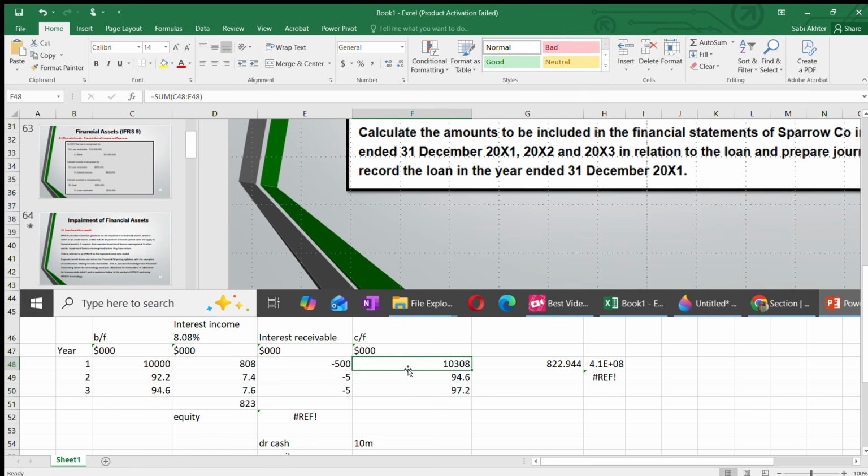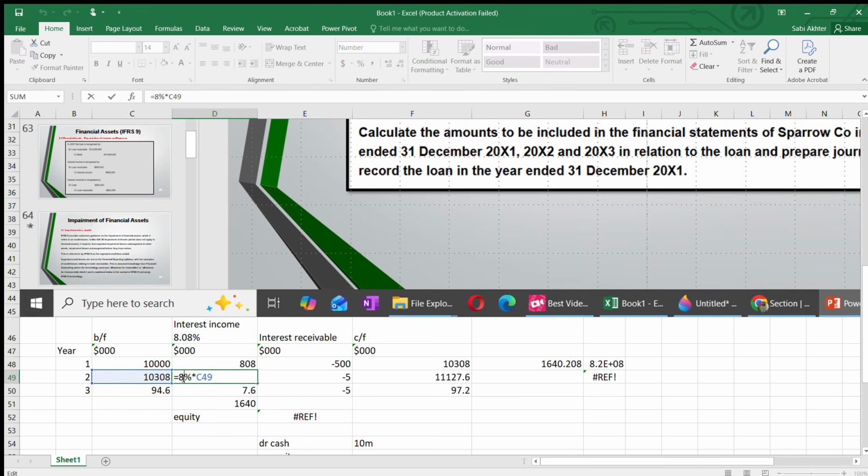Then this is the interest, 0.08, 832. I will just round this up to 833.